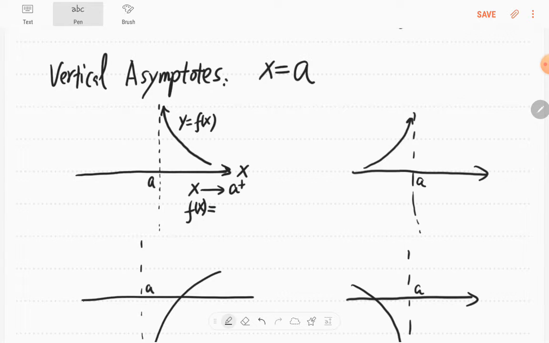We say it will approach infinity because it becomes larger and larger. When x approaches A from the left side, we denote it by A minus, less than A. So this f of x will also approach infinity, right? The value becomes bigger and bigger.